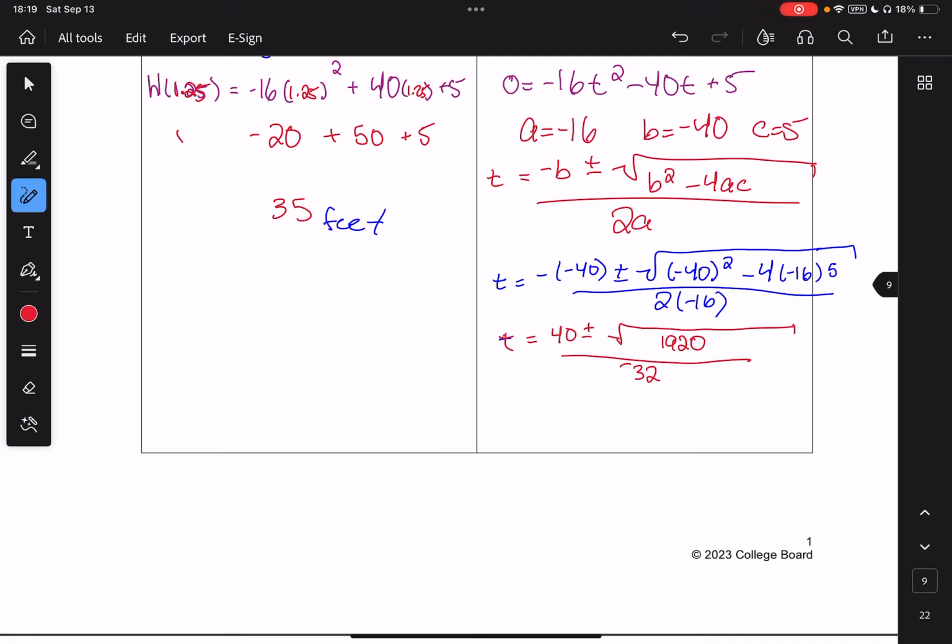So, to simplify this to the nearest hundredth, we get two values. We get either T equals 40 plus the square root of 1920 over 32, or T is equal to 40 minus the square root of 1920 over 32.